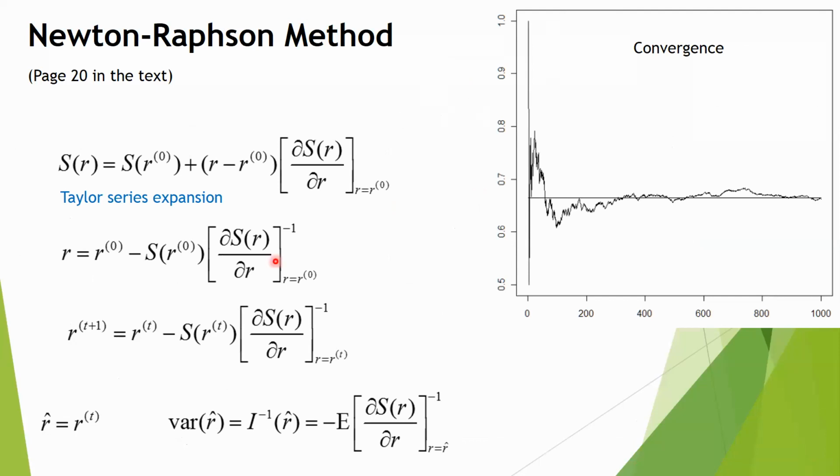If there's a missing value, if you cannot easily solve the first derivative, the score function of R, then we use this kind of iterative method to help us get the answer.